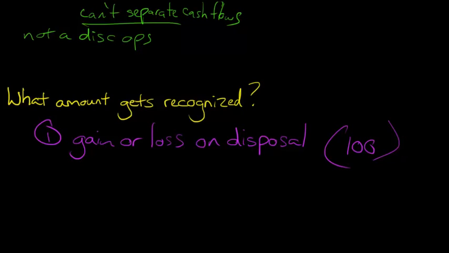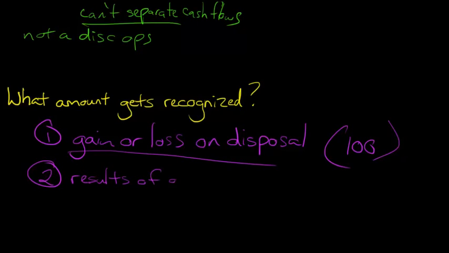But not just a gain or loss when we actually dispose of that component, but also the results of operations for that component. So these two are not the same thing. They're absolutely not the same thing. So results of operations might be that component maybe had a profit of $27.